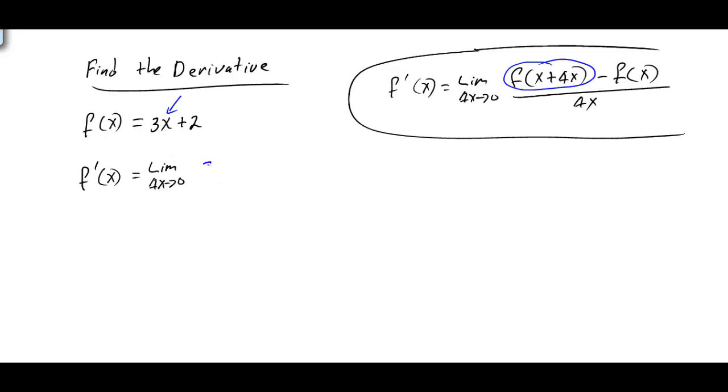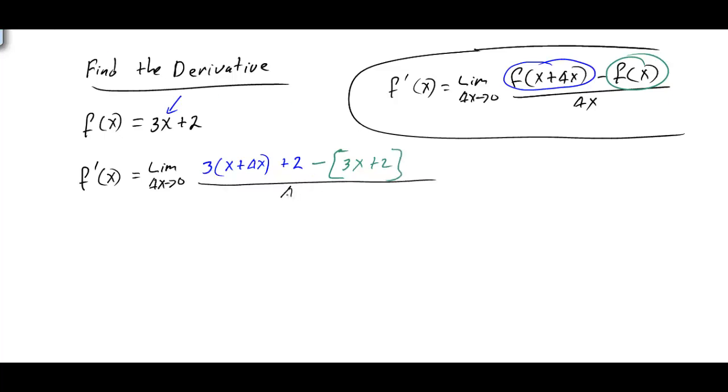So we would have 3 times x plus delta x plus 2. And then we're going to subtract away the function itself. So it's minus, and notice I'm going to put a bracket because we're subtracting everything, the entire function 3x plus 2.